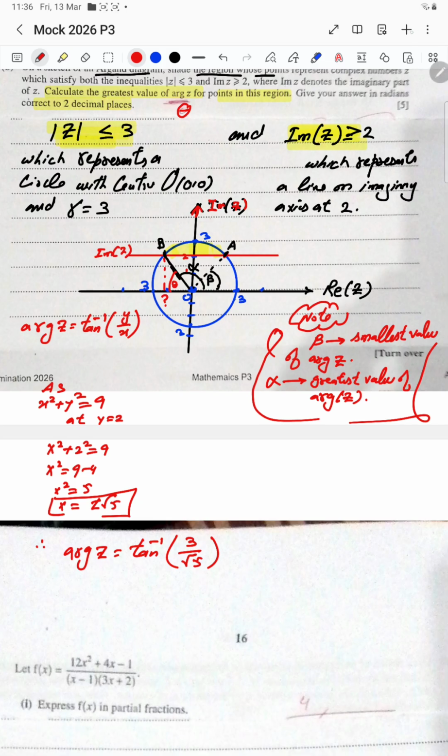Shift tan, and I will use 2 because y was 2, and you can see the point is root 5 comma 2.